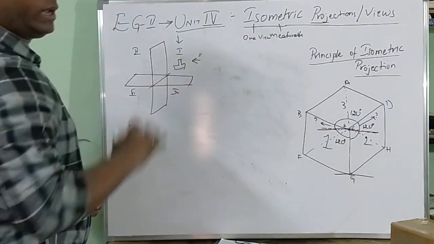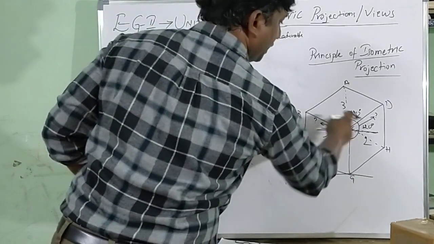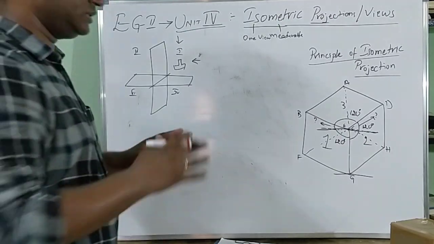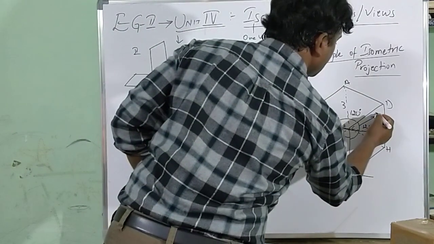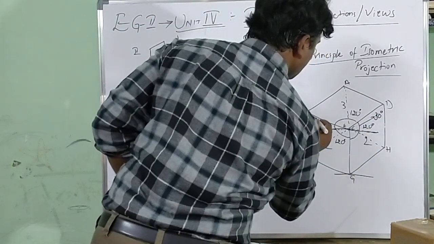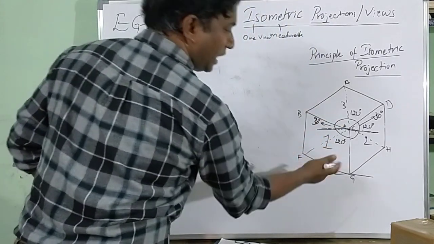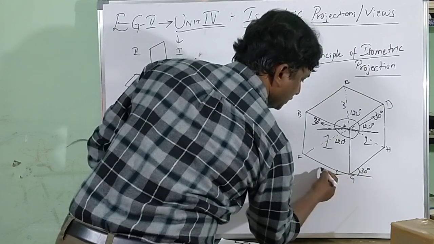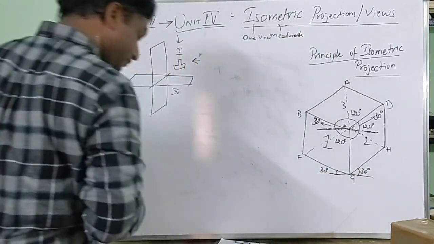This right line is 180 degrees, and the angle here is 120, so 180 minus 120 is 60 degrees, divided by 2 places, this is 30 degrees, this is 30 degrees. Same here at point G, this is 30 degrees, and this is 30 degrees.